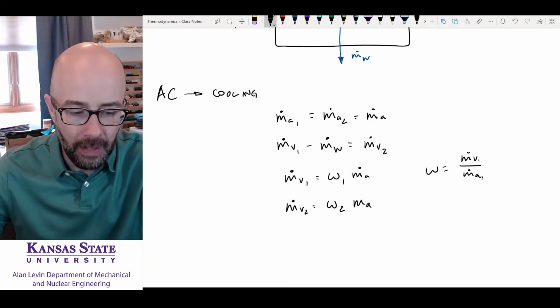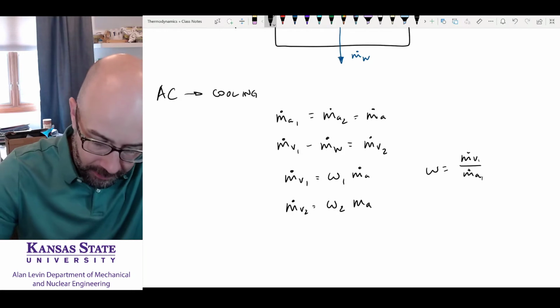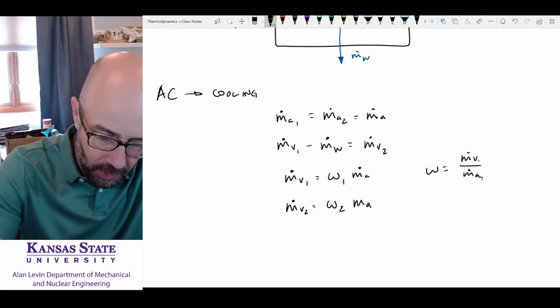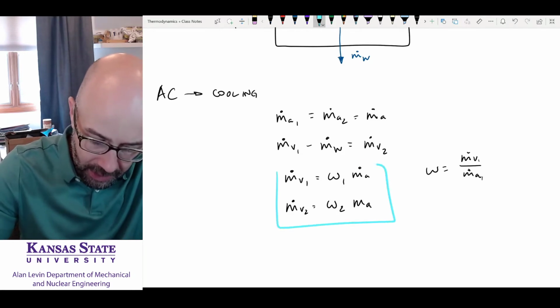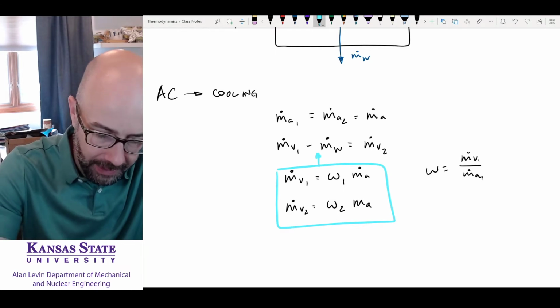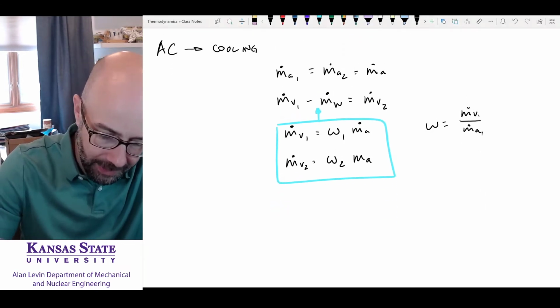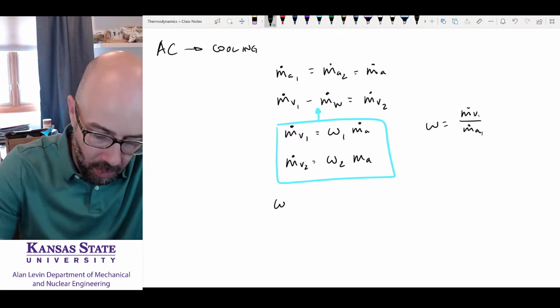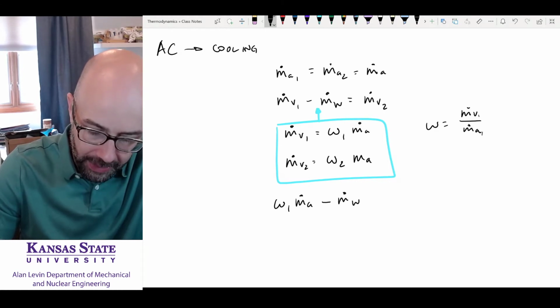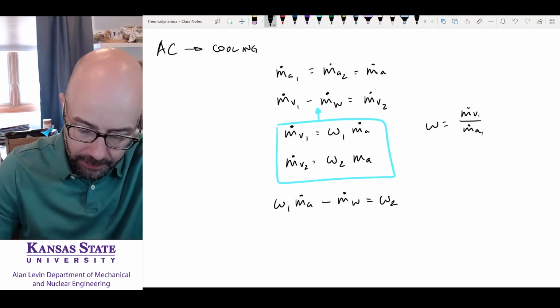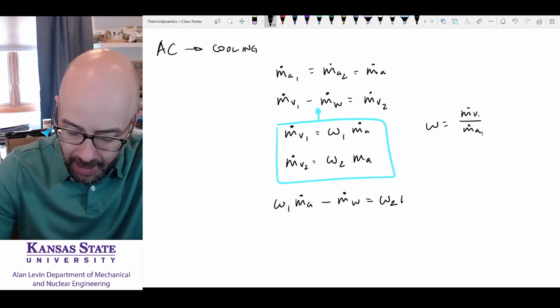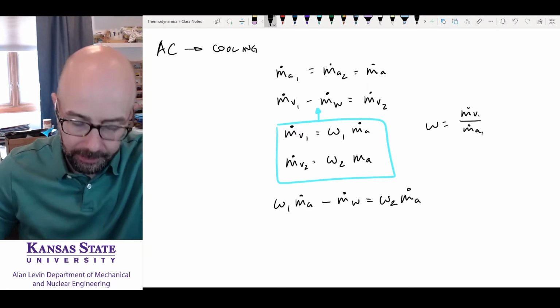If I use this definition and put that into the equation above it, here's what I'm going to get: omega 1 times the mass flow rate of air minus the mass flow rate of my water is equal to omega 2 times the mass flow rate of my air.